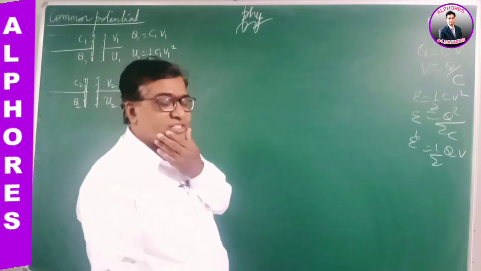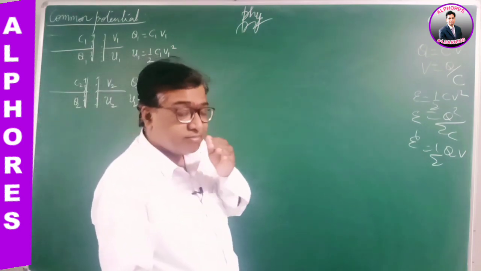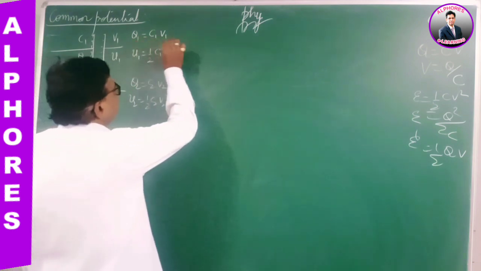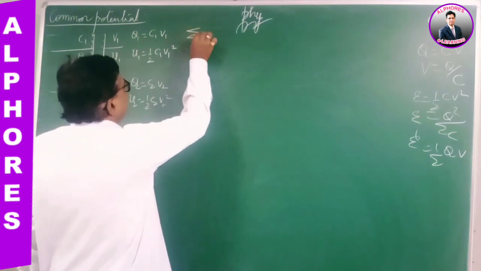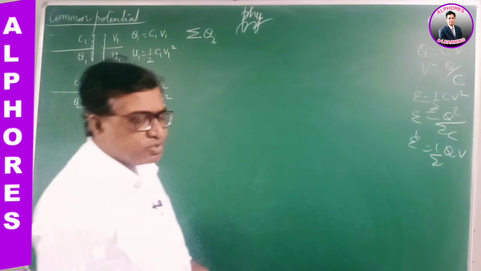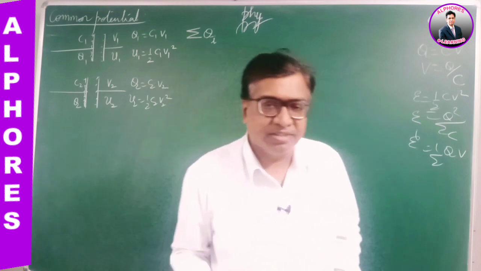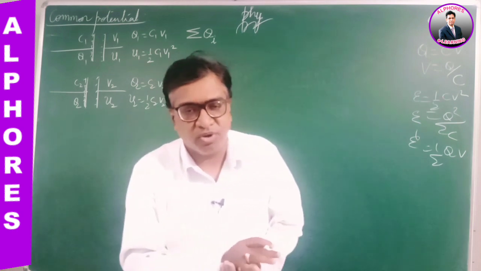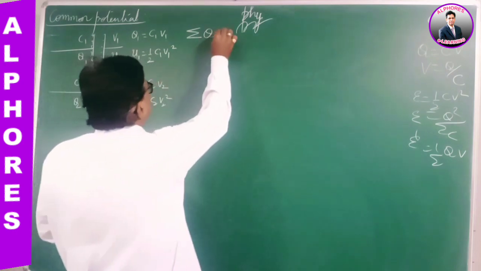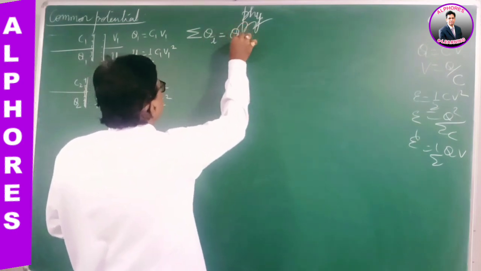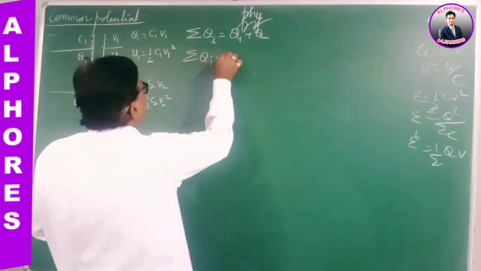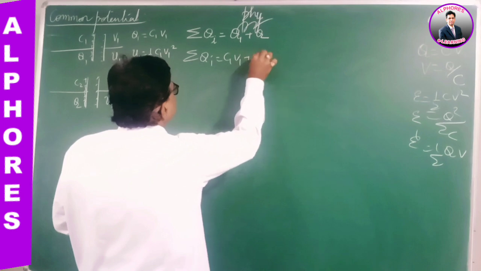The total initial charge on both of them when they are charged separately is sigma Qi. Sigma refers to the summation of all the values. So the total initial charge possessed by the system of capacitors is Q1 plus Q2, which I can write as C1 V1 plus C2 V2.